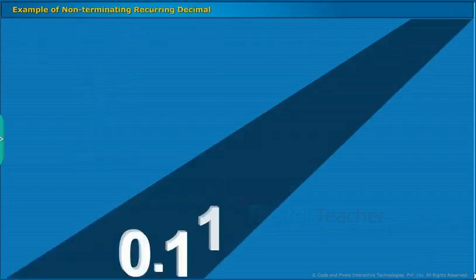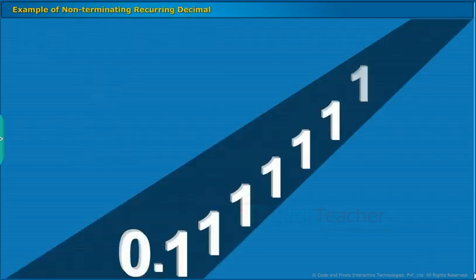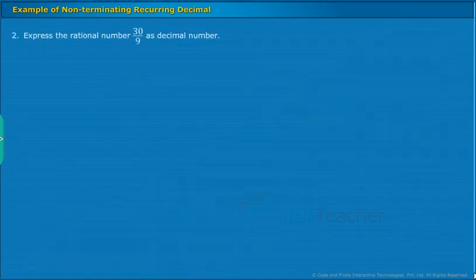Let us see an example on decimal representation of non-terminating recurring decimal. Express the rational number 30/9 as decimal number. Solution. When 30 is divided by 9, we get as follows.